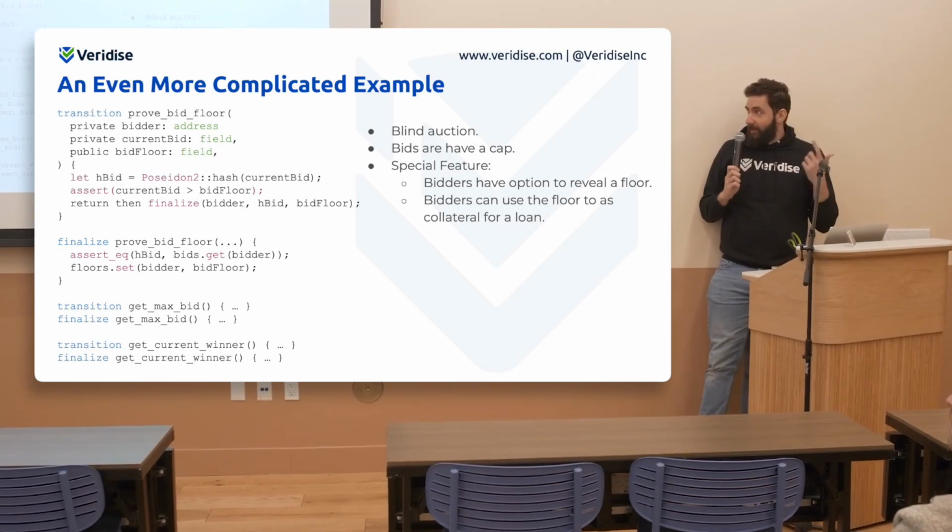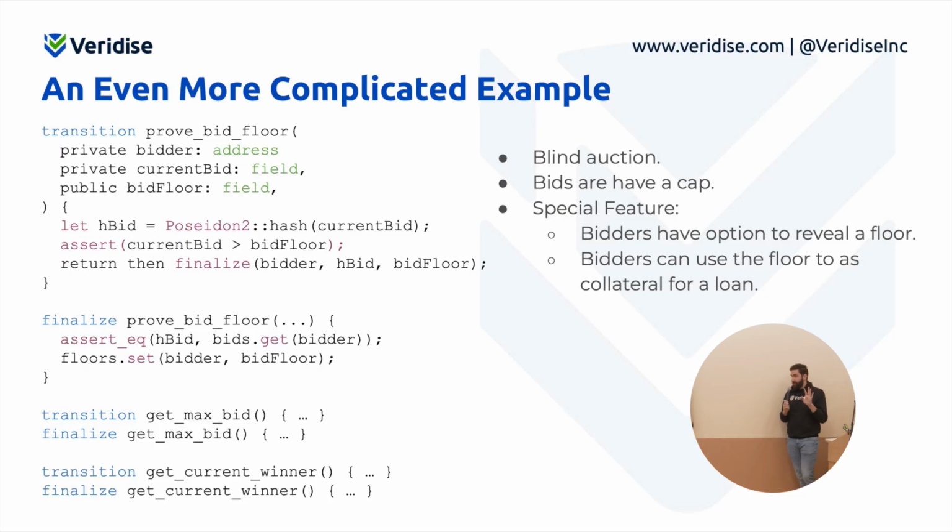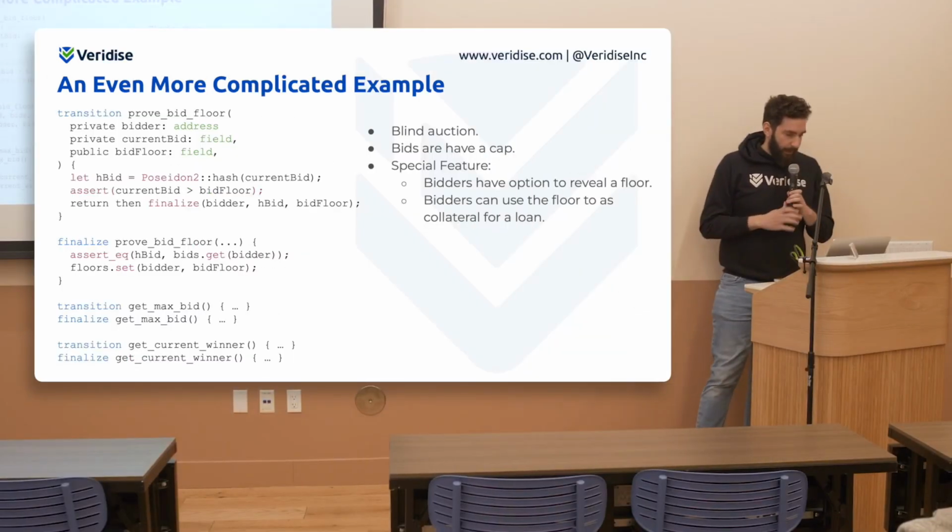The auction also has a special feature where a user can prove that their current bid is at least some minimum amount, and then use this amount as collateral to request loans so they can bid more and things like that.